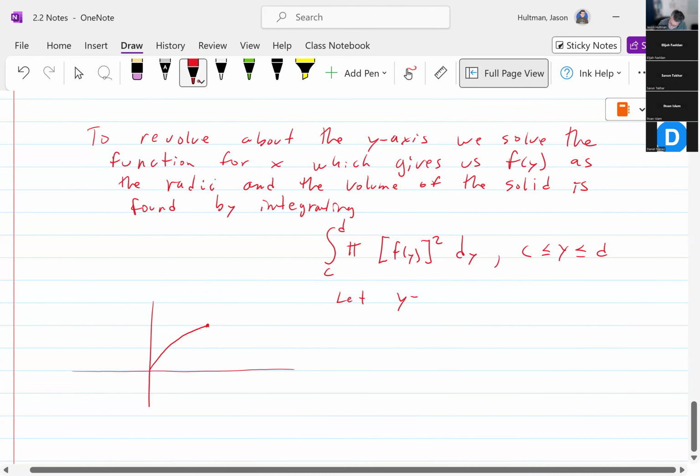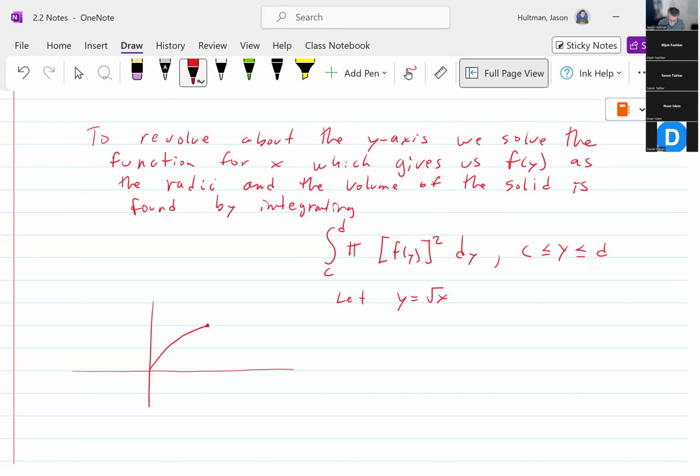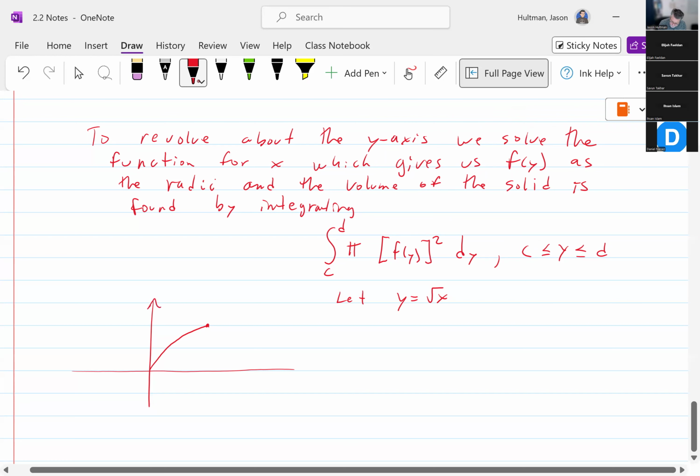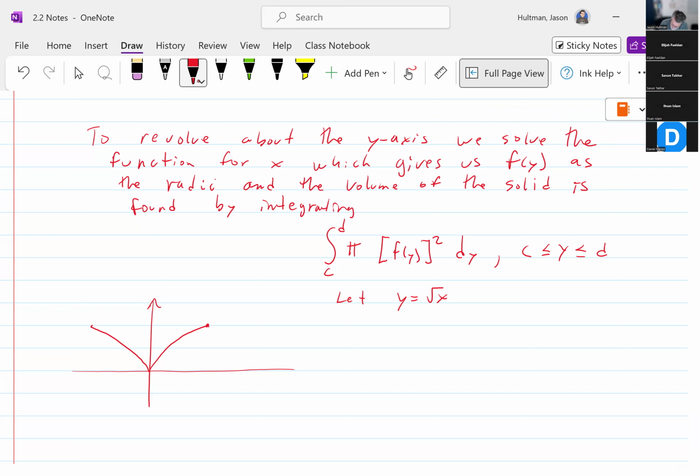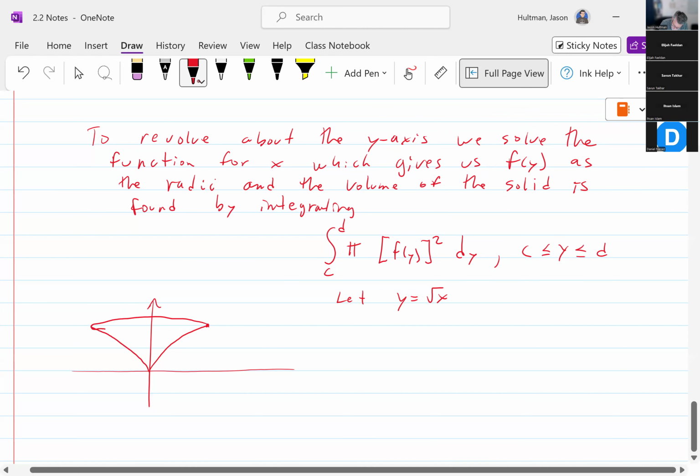Okay, let y equal the square root of x, and we want to rotate this thing about the y-axis this time. So we're going to get something that kind of looks like that. This looks kind of like a funnel, whereas the other one looked like a bowl.